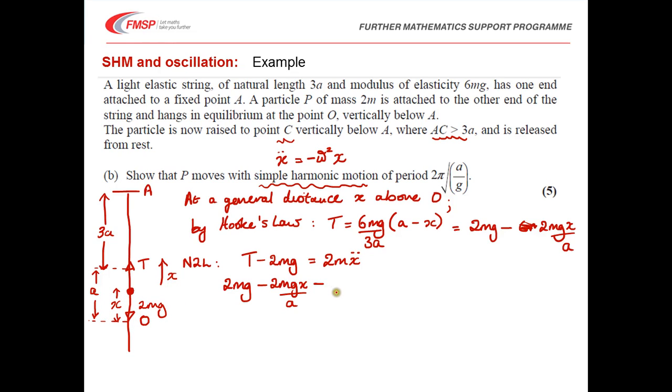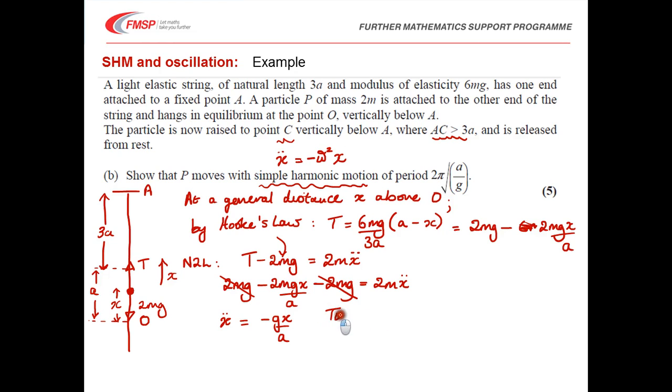Okay, so yes, 2mg minus 2mgx over a, that's putting in the tension. We need to subtract the 2mg, and then make it equal to 2m x double dot. And I think you can see there that this cancels away quite nicely. The 2mg's eliminate each other, and we can divide through by 2m, and we end up with x double dot, so the acceleration is minus gx over a.